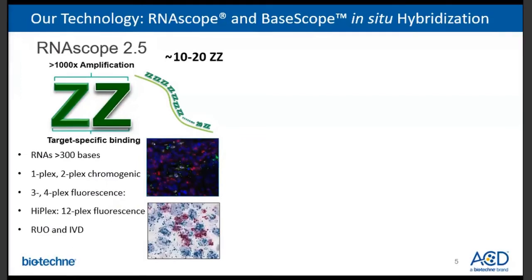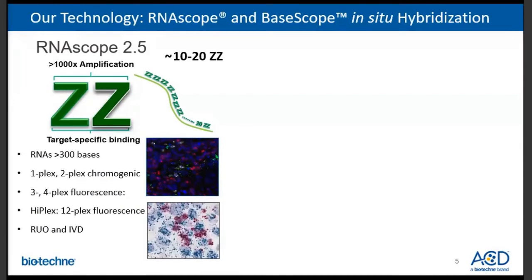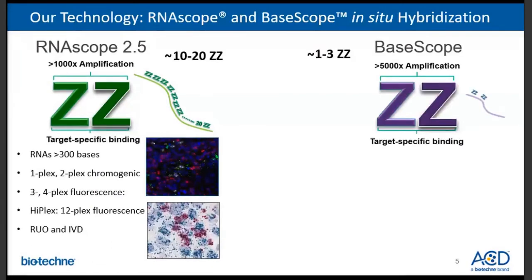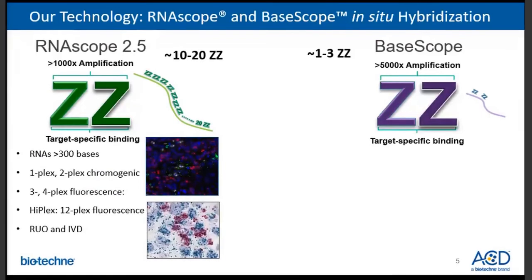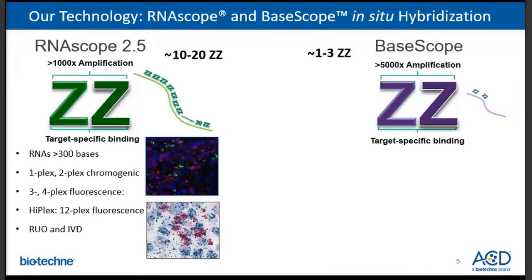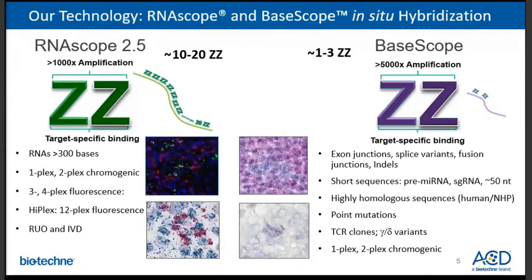And so these targets, we'll talk more about the actual probe design and also the paired ZZ oligos that you see here. Our next platform is the BaseScope platform, which is for shorter targets. It's about 1 to 3 ZZ pairs compared to RNAscope, which is about 10 to 20 ZZ pairs. This has a much higher amplification, which also allows for us to target shorter sequences such as exon junctions, splice variants, fusion junctions, and also indels.